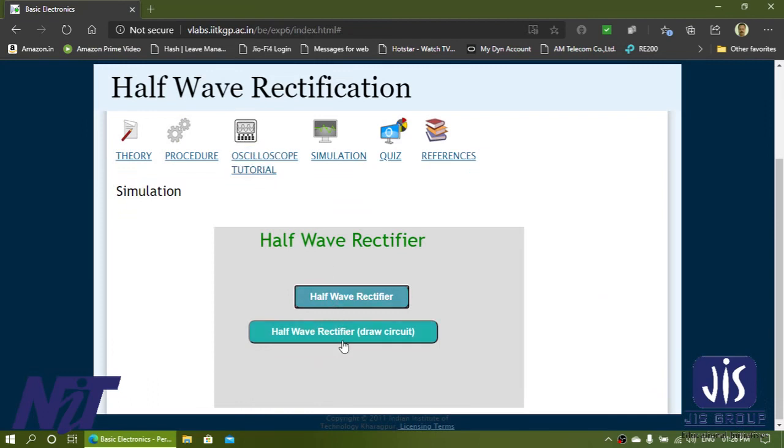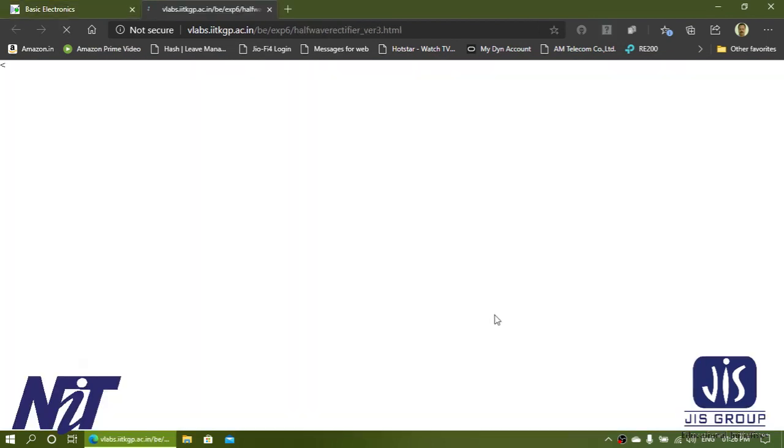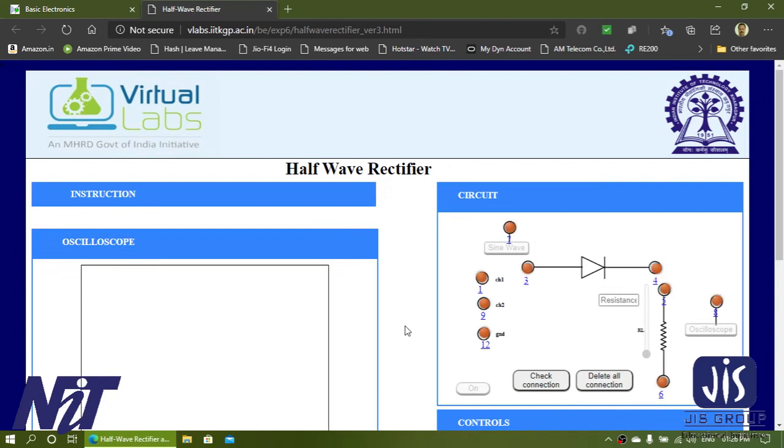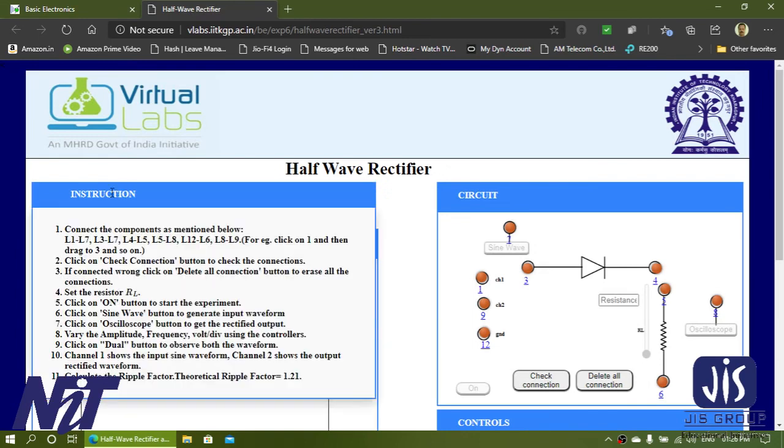Then we'll go to the next one, where the circuit will be drawn by ourselves. As in the first, you will have to do the same. Place your mouse cursor at the instruction tab, find the instruction, and follow it as well. First they have said to connect L1 to L7, then L3 to L7, L4 to L5.